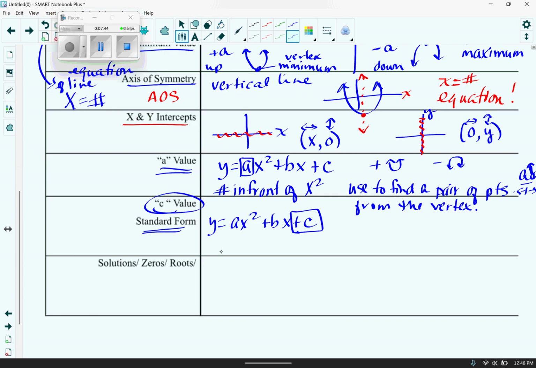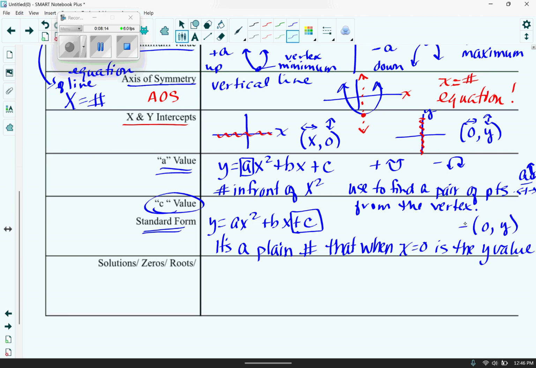This is a plain number, that when x equals 0, is the y value. So it's going to be 0, y, which is also 0, c.